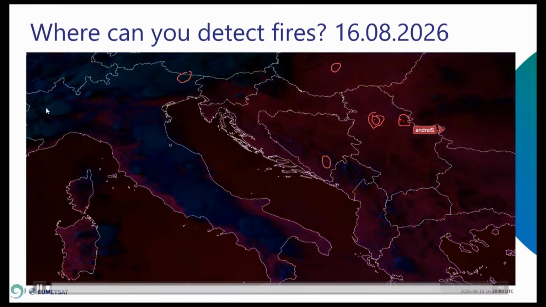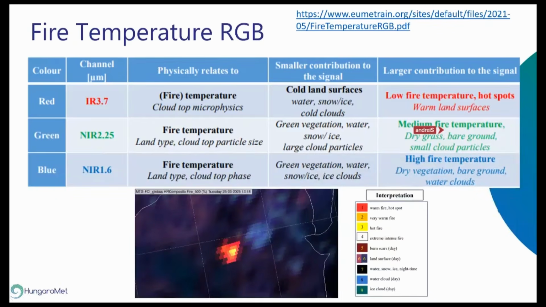Very nice. So this is just for you to remember which are the channels which are used: 3.8, sorry, it's a typo here, and also 2.2 and 1.6. And the hotter the fire is, the more extreme, then it goes from red to white in this RGB.